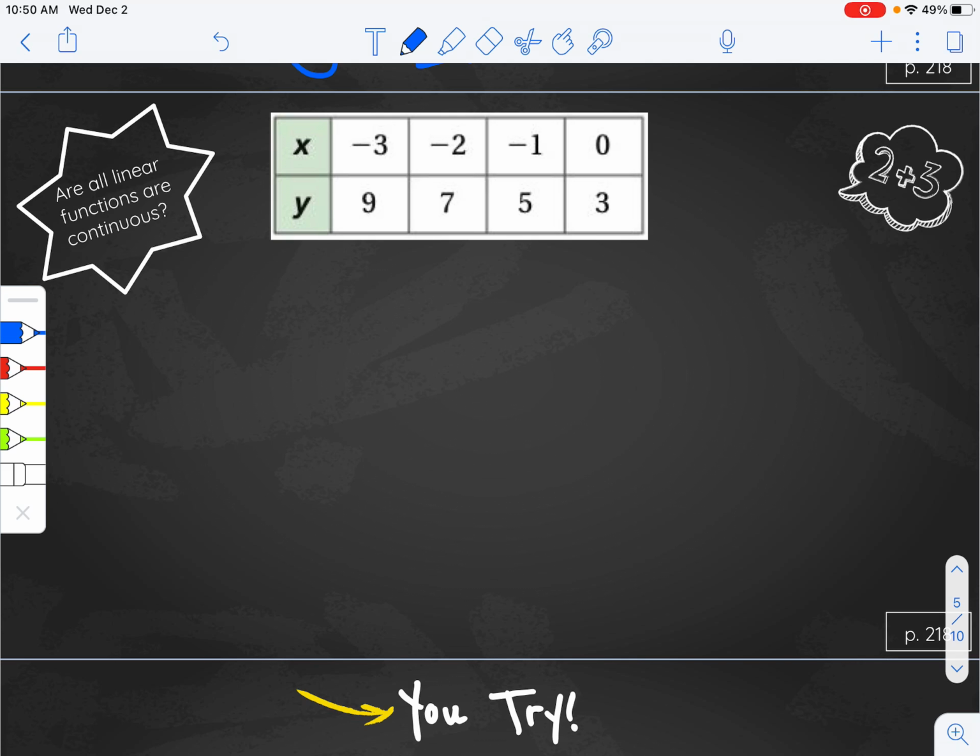Now another example, let's say that we have a table this time. We follow the same idea where we need to write it in the form y equals mx plus b. Our y value and our x value are going to stay a variable.